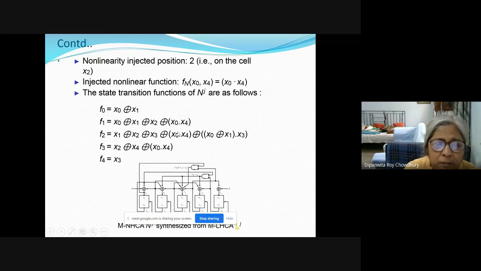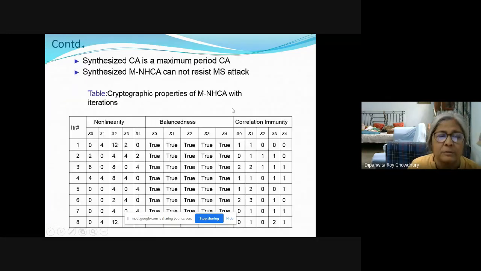So this is my single injection point. What I want to tell is that this injected nonlinear function is a single injection point. Then what we observed, okay, first we see some results. So synthesized CA is a maximum period CA. Synthesized NaCA cannot resist MS attack.